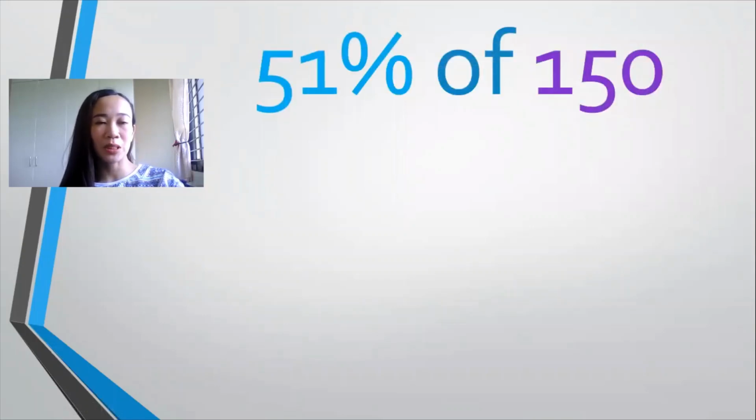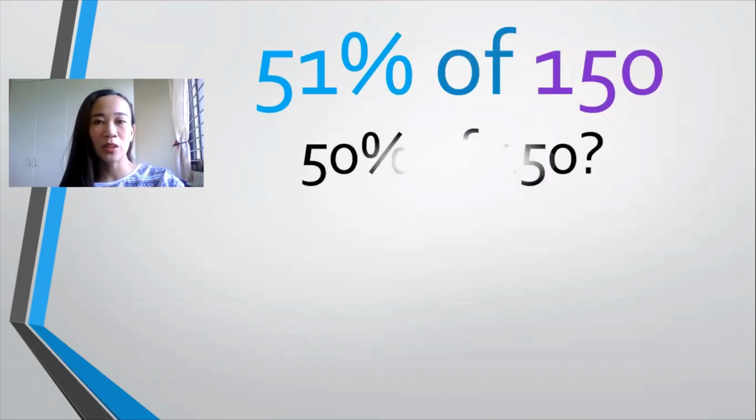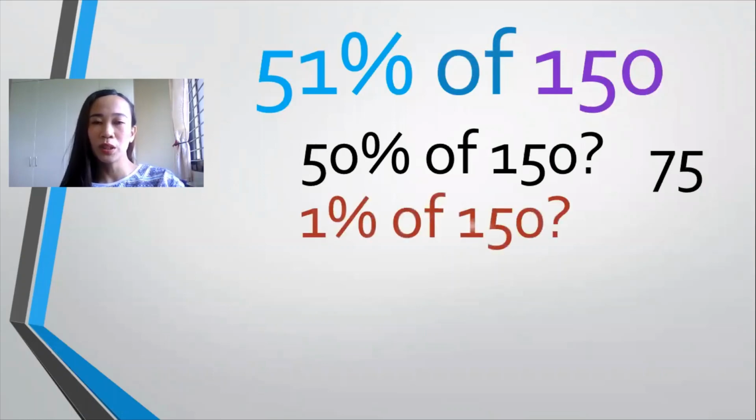Okay, one more practice. What is 51% of 150? All we have to do here is to think of 50% and 1%. Then we will add. So what is 50% of 150? All we have to do is to divide 150 by 2, and that is 75. Then 1% of 150, we will just move 2 steps from right to left.